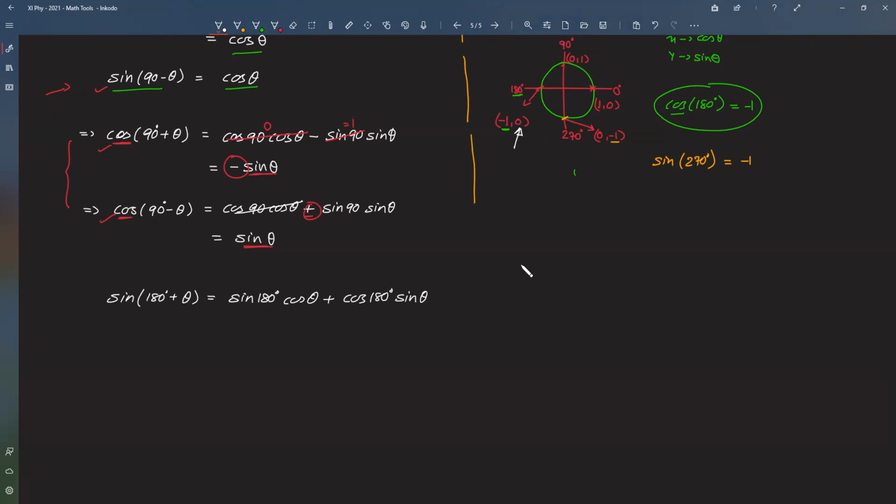The coordinates on a unit circle will be -1, 0. So the y coordinate will be your sine. So sine 180 degree is 0, and this entire term is gone. You have only the second term, and cos 180 degree is -1. So ultimately this is minus sine theta.